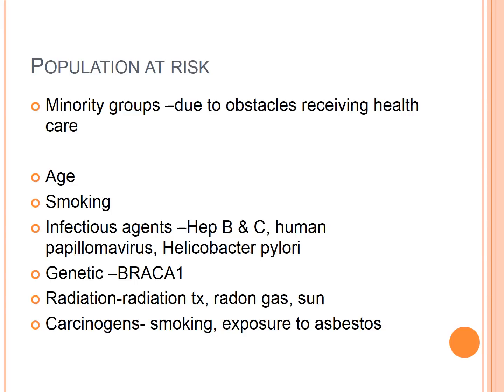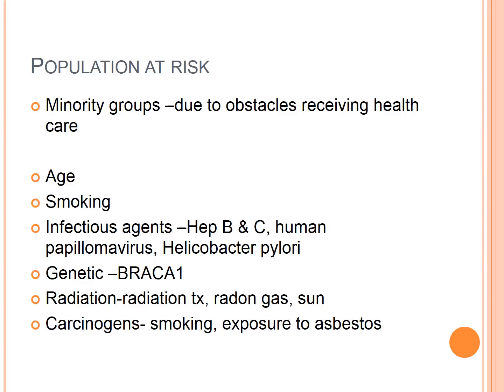And also exposure to radon gas, sun exposure. As we all know, UV exposure with the sun puts you at higher risk for skin cancers. And also exposure to carcinogens. So again, that would be your smoking.